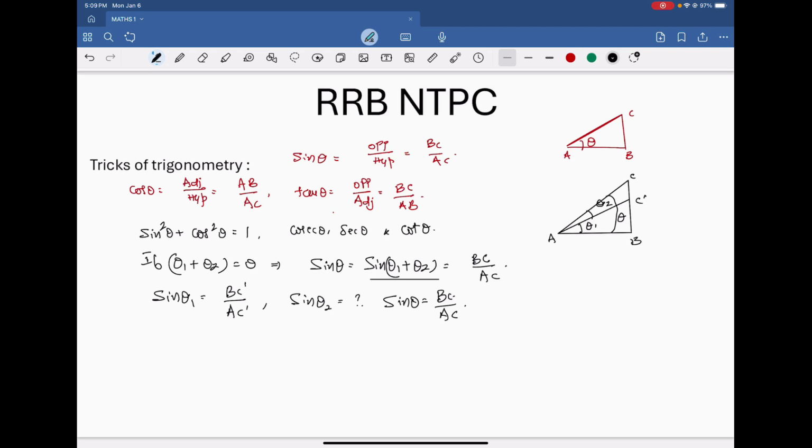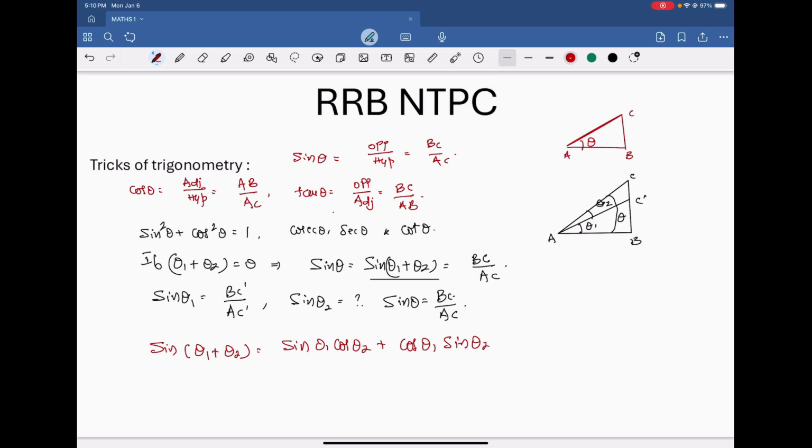For that, we have an equation: sin theta 1 plus theta 2 is equal to sin theta 1 into cos theta 2 plus cos theta 1 into sin theta 2.